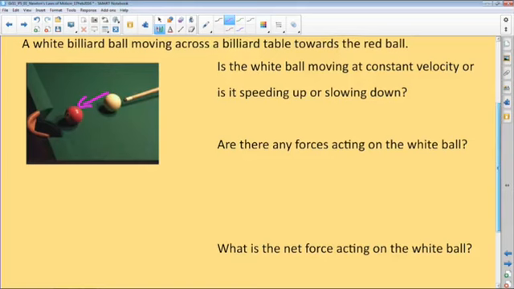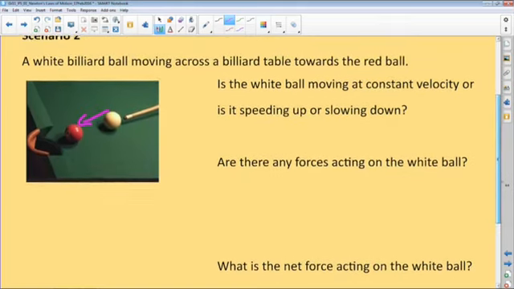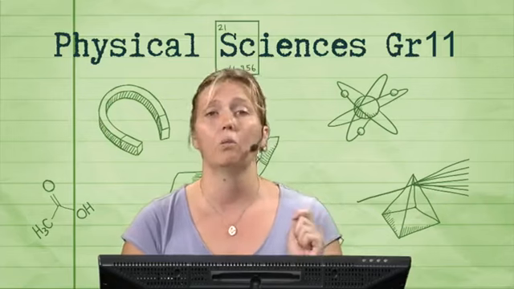And then our third question, what is the net force acting on the white ball? Okay, so again, I'm going to give you 2 minutes. You're going to tell me, is the ball moving at constant velocity, speeding up, slowing down? Are there any forces? And then what is the net force?